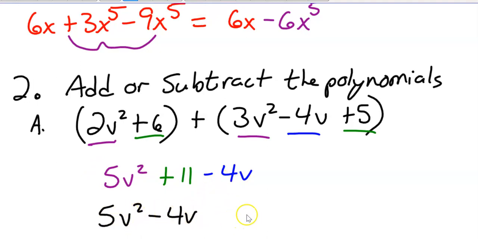We've got v squared, v to the first, and then you would put the constant at the end. So it should be okay either way, but if they get picky that it's got to be in descending order, then you would go back and put it this way. But most of the time they don't really care. As long as you've got all the terms, where you put them doesn't matter. As long as the coefficient is correct and the power is correct, everything else should be good.